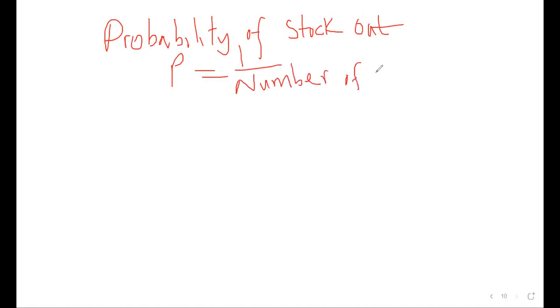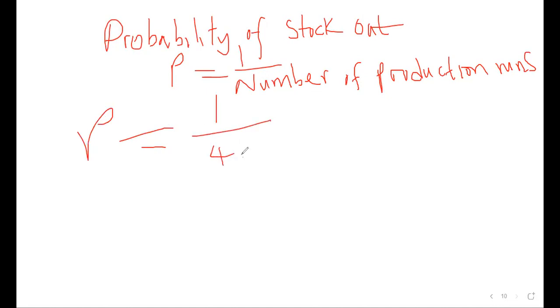So P is equal to 1 out of 4.66. So 1 divided by 4.66, they will not produce. That's what they're saying. They will be stock out, they will not produce 1 out of the total. So 0.2146.